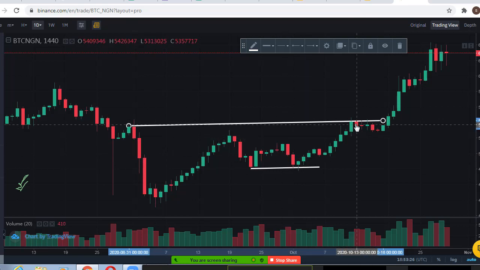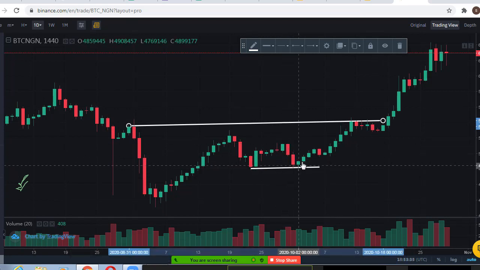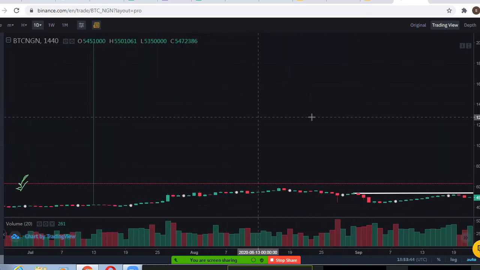Okay, you can see when price comes to this level, it comes back down a little bit before going up. You can see price move up, come to this support level, move up, and finally break through this level and finally go right up. So support and resistance levels are very important concepts.